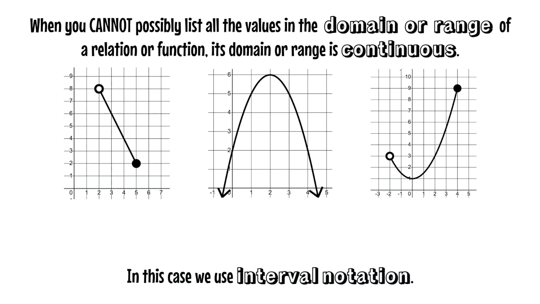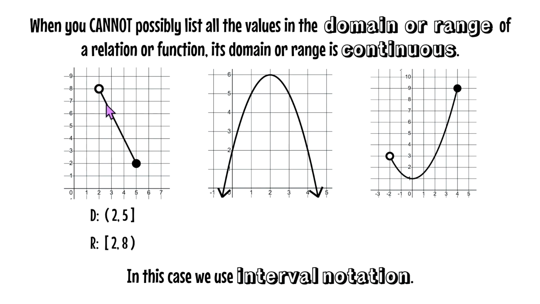So in the first graph, we see that when we look at domain, we want to move from left to right on the graph, and we want to see where the graph begins from left to right. And we see that it begins here, which is the value 2. In this case, because it's an open circle point, it is not included in the domain. However, we list it as 2, and it gets a parenthesis because it's not included.